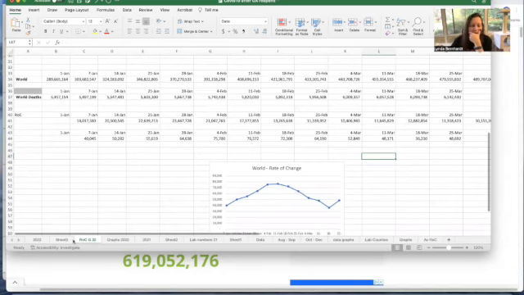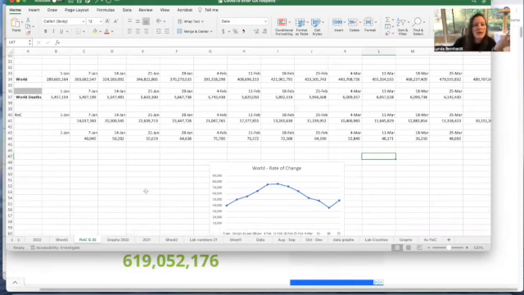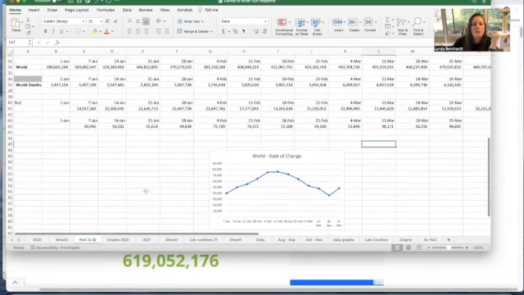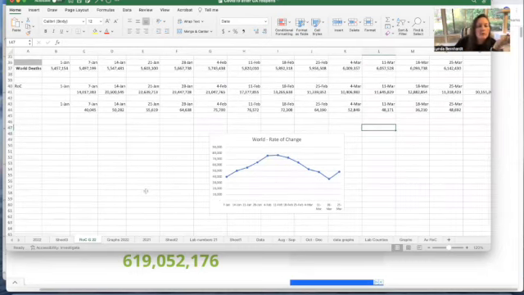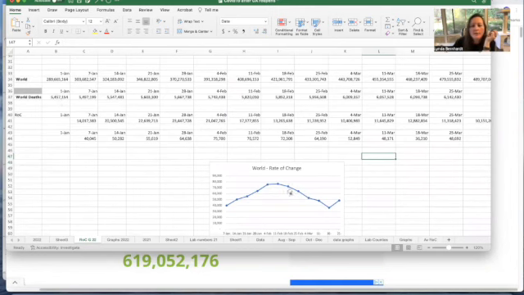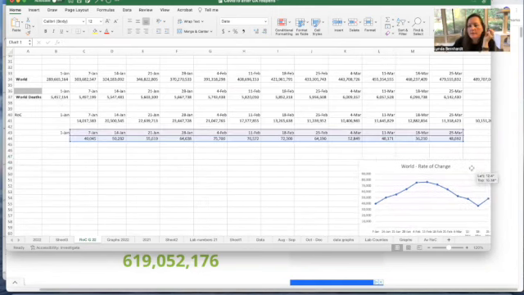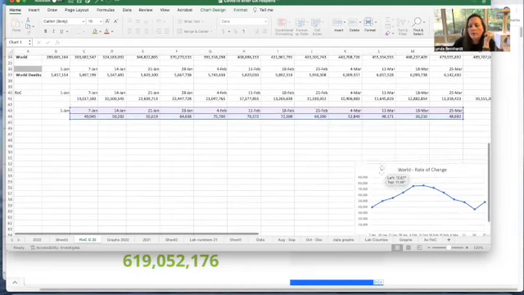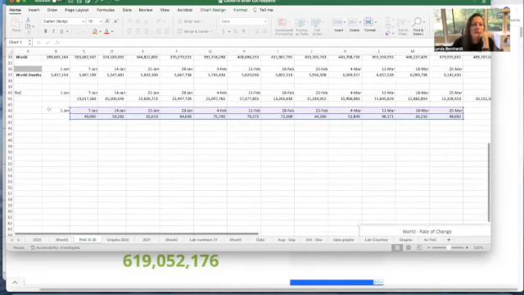Now, I guess let's set this up for the deaths. So let's see, we are going to move this graph out of the way. Actually, let's see, we're going to move it way down here to totally get it out of the way.